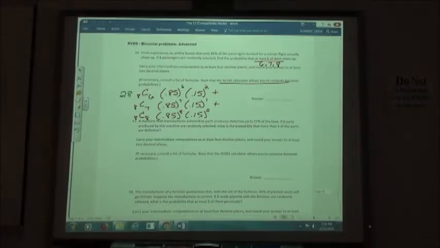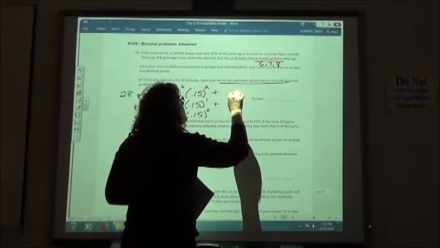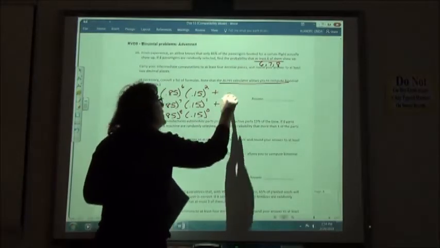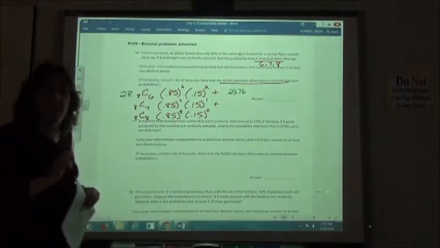And then in parentheses, the 0.15 to the 2nd power. And hit equals. Okay. So for your first value here, to 4 decimal places, what number? 0.2376, is that what you guys are getting?